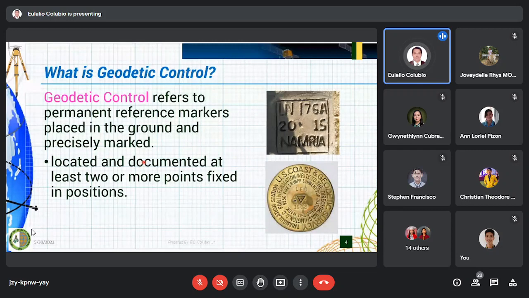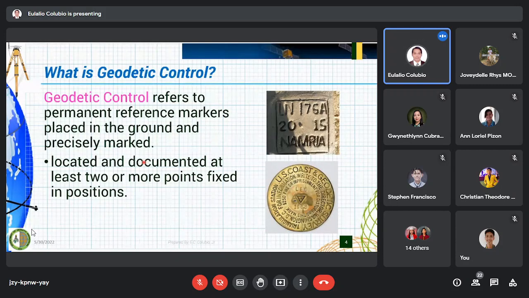So these geodetic controls are located and documented. There is documentation in our database, the CCPs, right? There are descriptions in the last column on how to access these control points. That will lead you to the location of the point. Aside from the geodetic coordinates, the latitude and longitude, there should be a description on how to access the points.